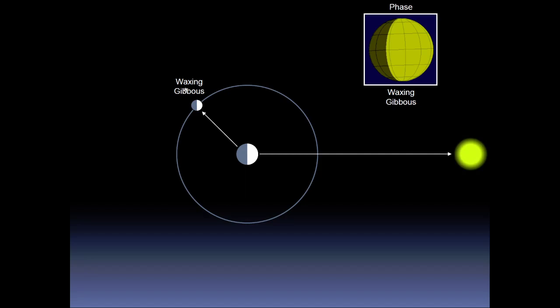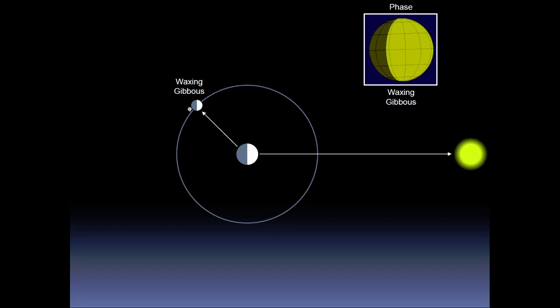So we have waxing gibbous next. So waxing is whenever the moon is getting more light. Basically, it's more and more light throughout the month. And gibbous means like a football or an egg shape. So this is a gibbous moon. So this would be the next circle that you would draw in.